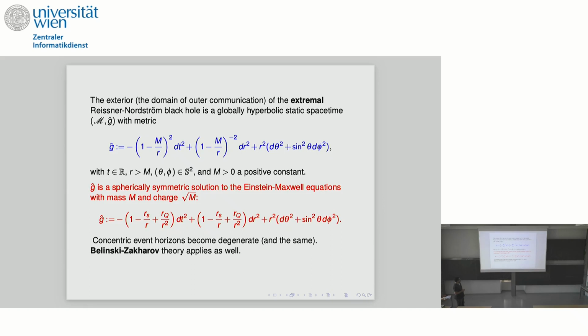However, what is important for us is the fact that you can complete the square here, and the way you complete the square gives an extremal black hole. When you take some particular values of the mass M, and the charge should be the square root of M in order to complete the square, then you get this extremal Reissner-Nordström black hole.